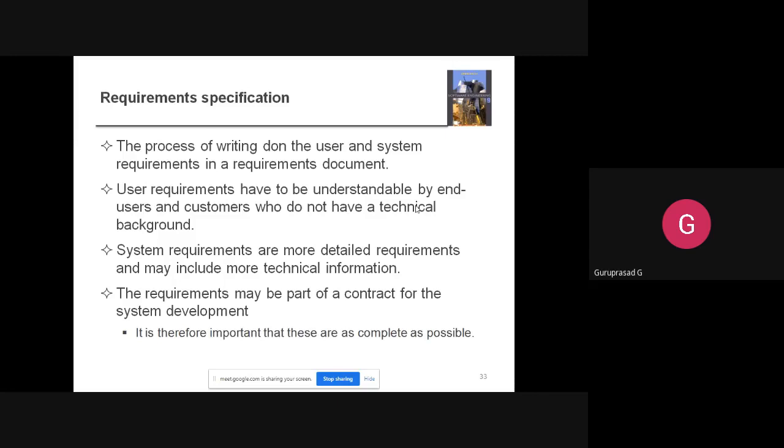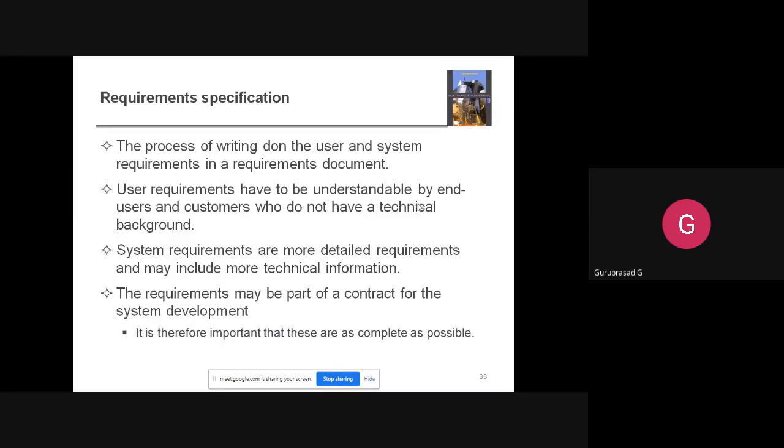Then we discussed the various metrics. After that, we discussed the standard format for specifying the requirements. So, having discussed this, now what we are discussing is how to specify the requirements.